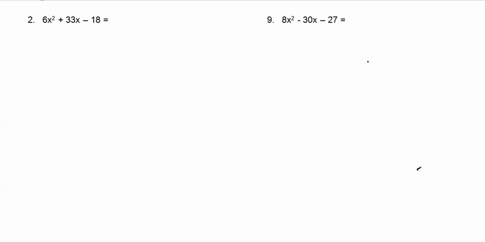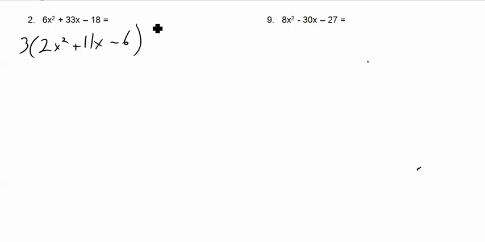Alright, let's take a look at number 2. So we can divide 3 into all of those numbers. So we're going to write down our 3. 6 divided by 3 is 2. 33 divided by 3 is 11. Negative 18 divided by 3 is negative 6. Alright, so now we still have a number in front of the x, so we use that method.